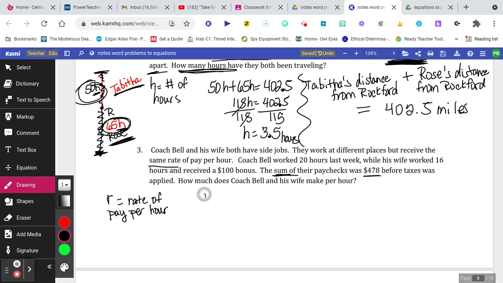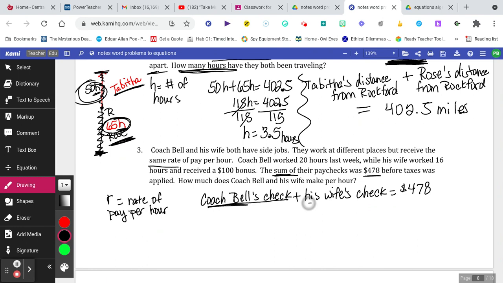I know that Coach Bell's check plus his wife's check ended up being a sum of $478. So I just need an expression to represent Coach Bell's pay and an expression to represent his wife's pay. All right, so for Coach Bell, let's take a look at it, guys.